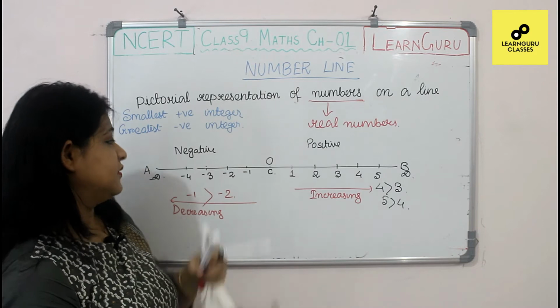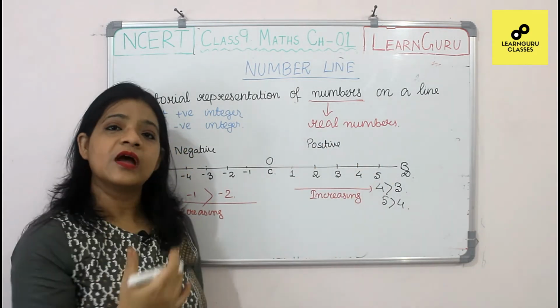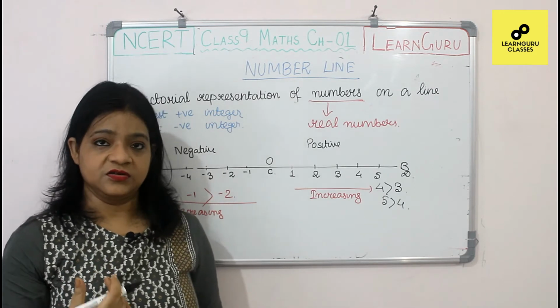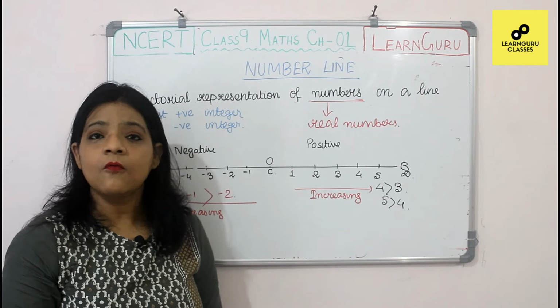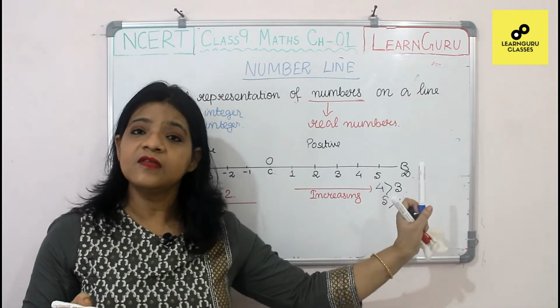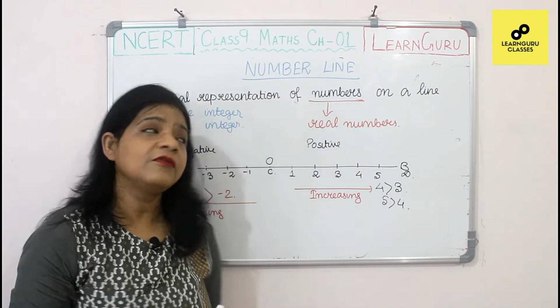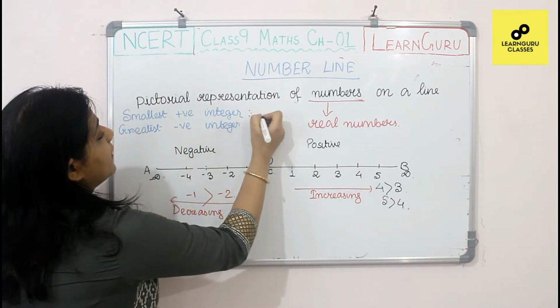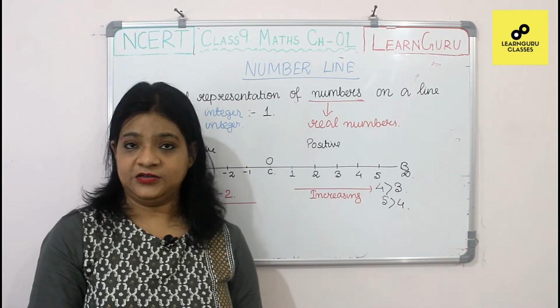Smallest positive integer: as we proceed towards the right of 0 we are getting the positive integers, isn't it? After 0 to the right you are getting 1, and after that you are getting increasing values of positive integers. So which will be the smallest positive integer? 1 will be the smallest positive integer.